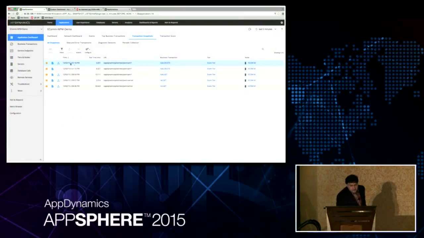These are transaction snapshots, and we've added this network icon that indicates that these snapshots are very likely caused by network congestion or other issues.